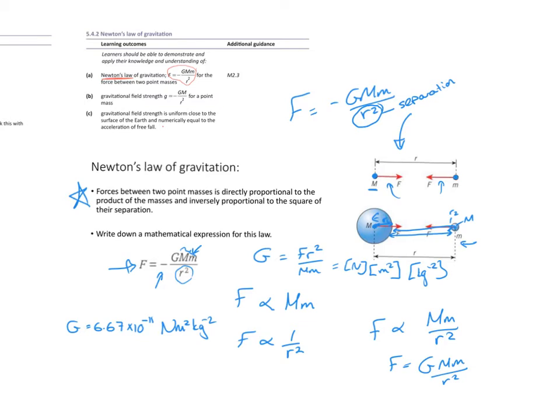Then we have G, which is the gravitational constant. M and M stand for masses of objects that are causing the attraction between each other. And then F is the gravitational force that they will experience.